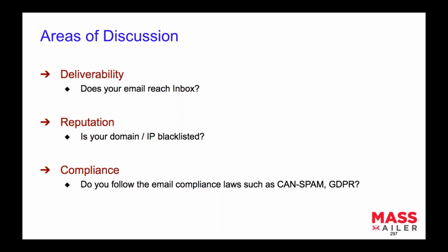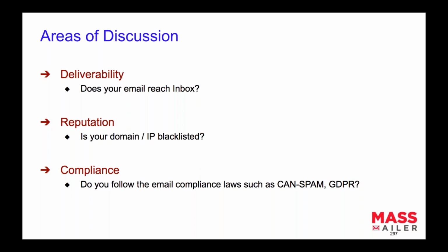And the second most important thing is reputation. When you're sending out emails as an organization, you've got to be reputed, meaning your domain address needs to be reputed, and also the IP address that you're using should be reputed. It should not be blacklisted. How do you make sure that's happening, and how do you monitor that, right?